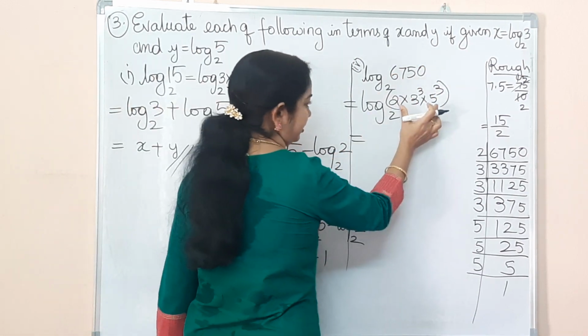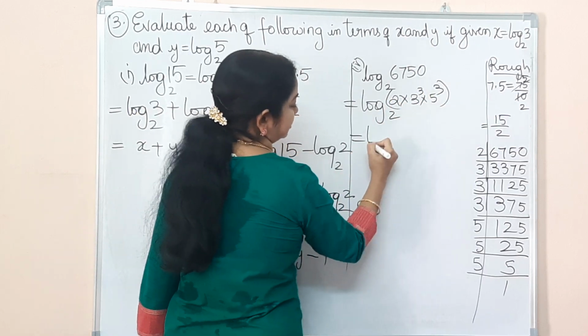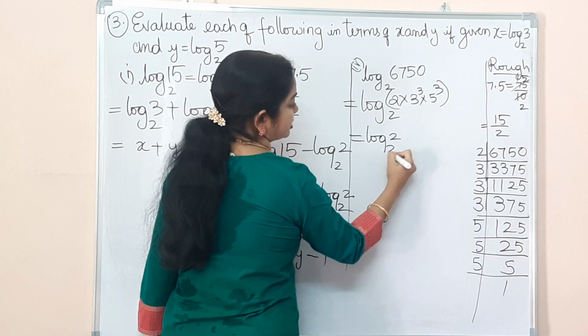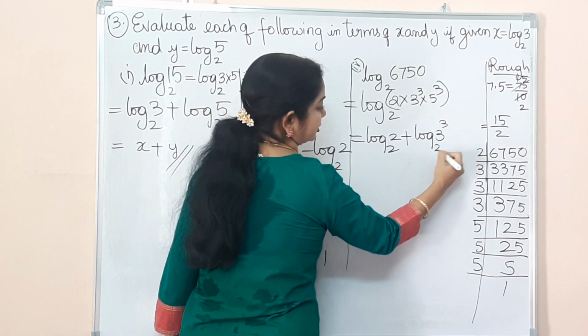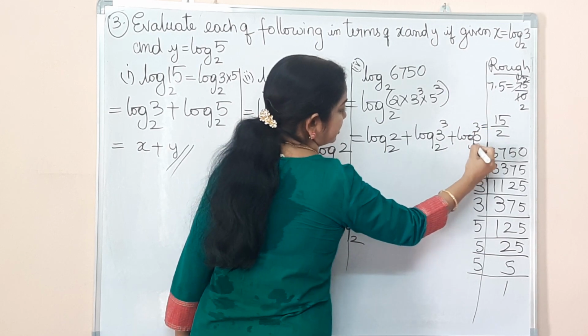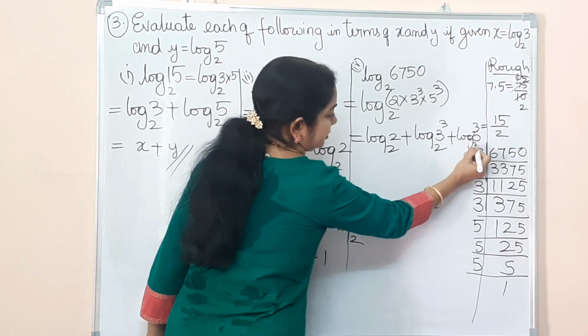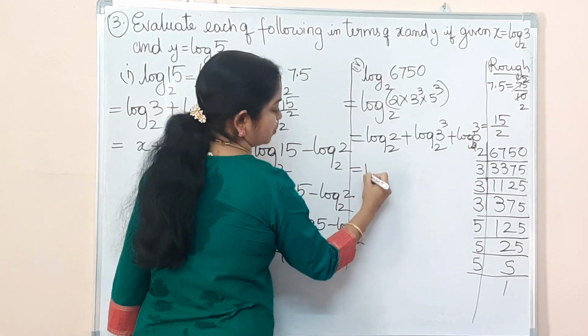Then here, if you apply the rule of multiplication, this will be split: log 2 base 2 plus log 3 cube base 2 plus log 5 cube base 2. All bases are equal. Now log 2 base 2 is 1.